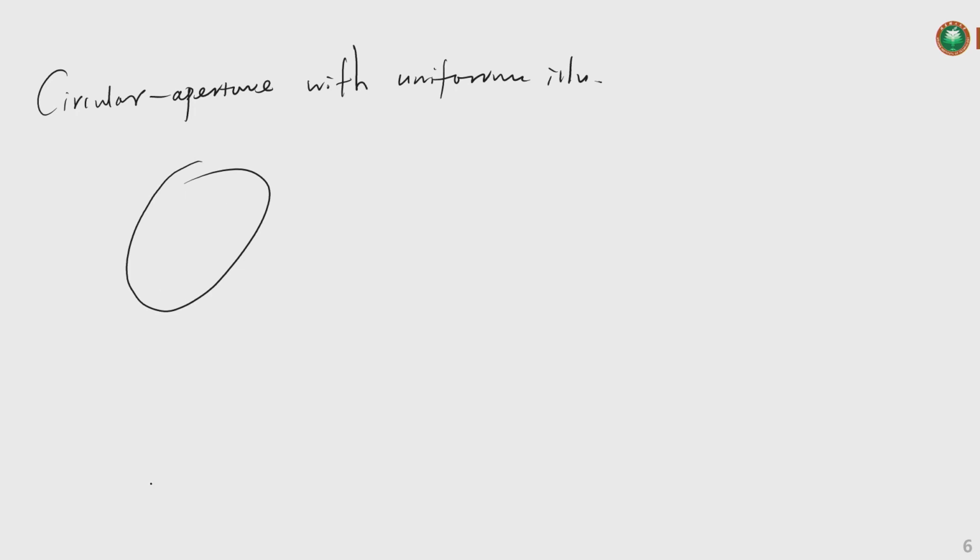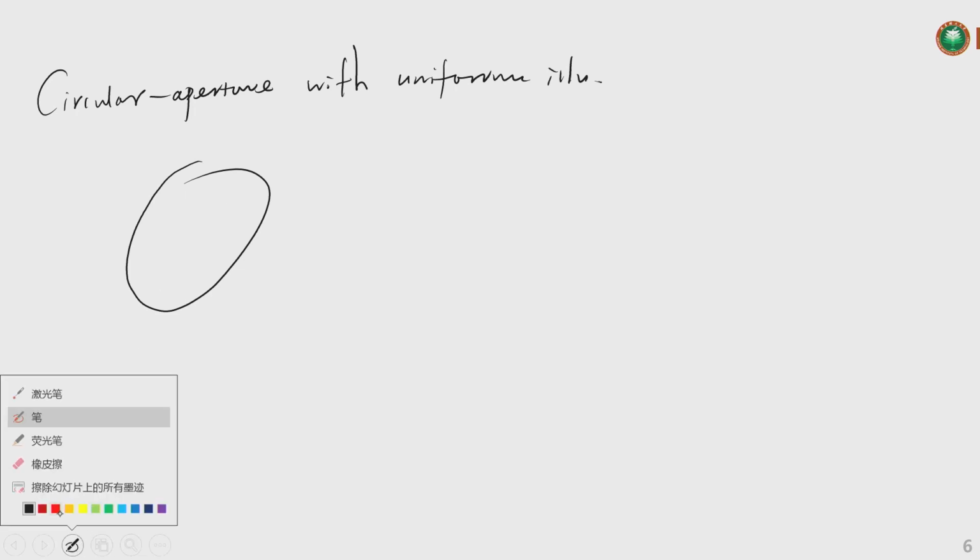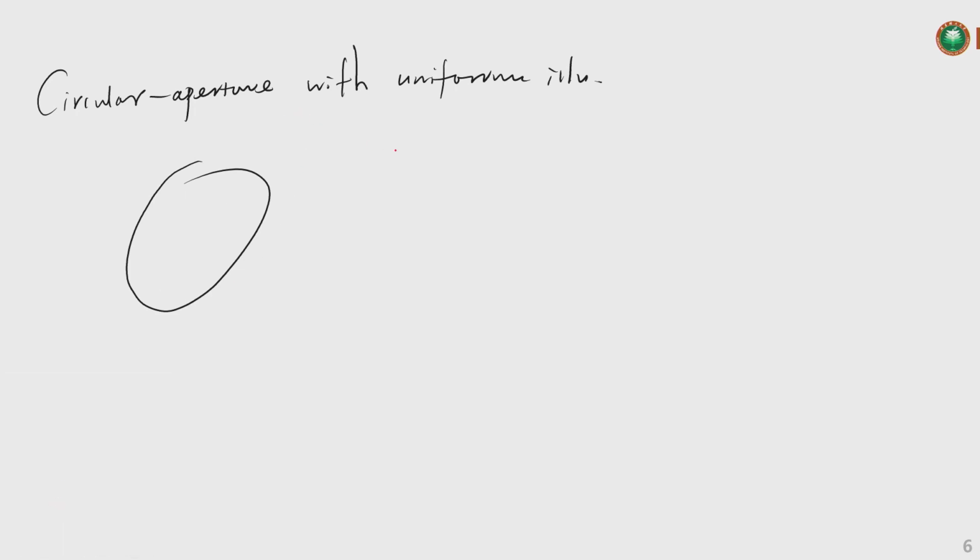First, we set it like, represented still in the Cartesian coordinate system, XA, YA. We use a subscript A, which means it's related to the aperture, and this is XA, this is YA.